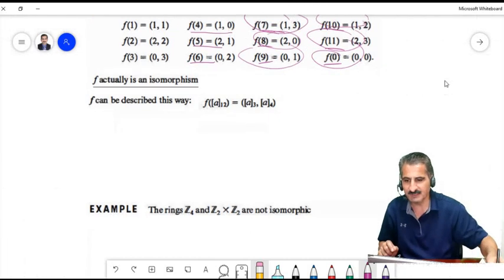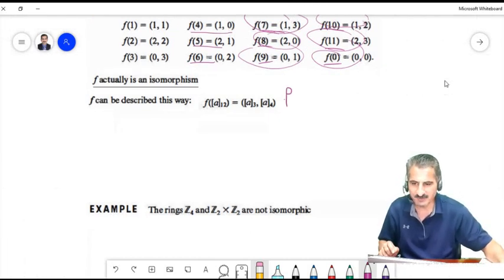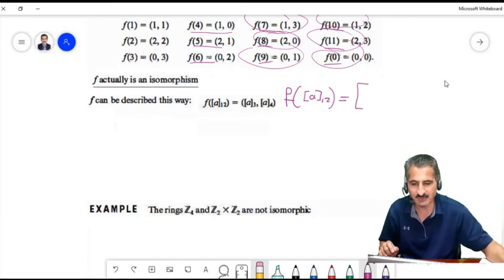We can define, actually, let me rewrite it here. Take an element from Z12, the equivalence class modulo 12, and send it to where? Send it to the first coordinate, but in the first coordinate take the equivalence class of that a modulo 3, and in the second coordinate take it modulo 4.